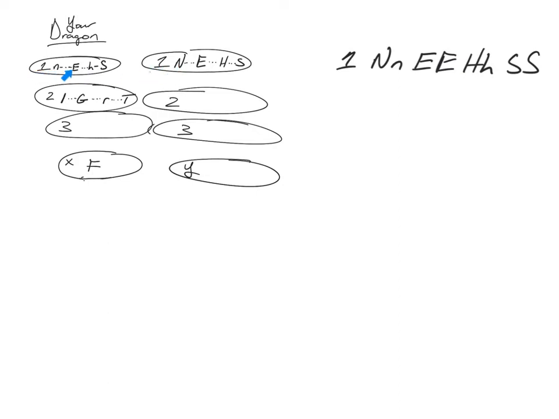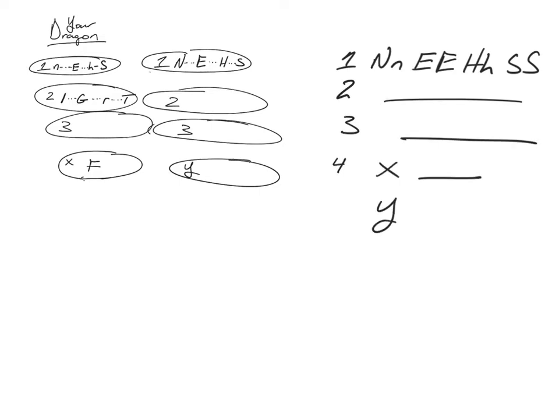That is the genotype for chromosome 1. Chromosome 2 would be whatever 2 is, and 3, whatever 3 is. And then the 4th chromosome, which is the sex chromosomes, would be X and either big F or little f, and then Y. In your reading, there are instructions on what to do if you have a male, and what it means if you have a female.